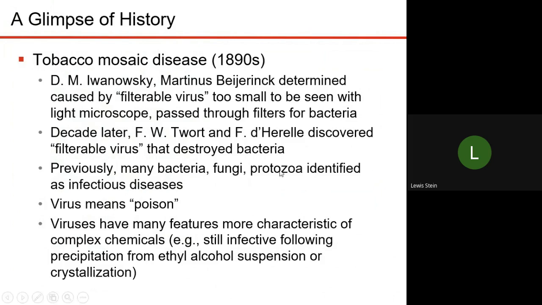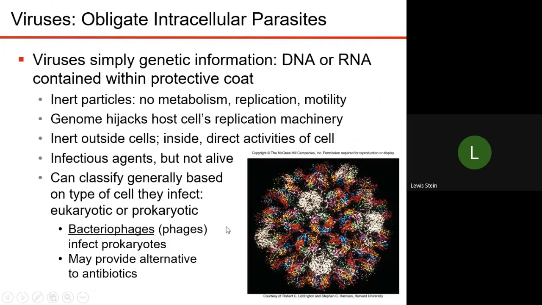So, background: virus means poison. Viruses. So the distinction here, very simply, is that bacteriophage infects prokaryotes. Their relevance is important. I know one of the passages we do on some of the tests that we construct here covers the usefulness of bacteriophage as an alternative to antibiotics. That is something that's coming, because antibiotic resistance is a big problem.